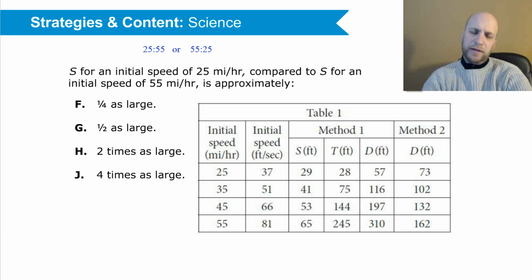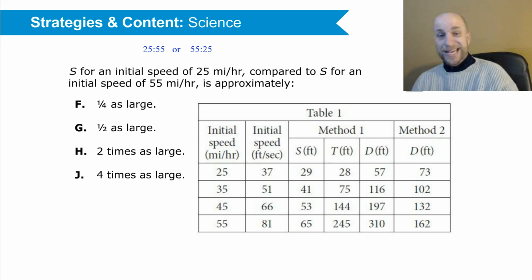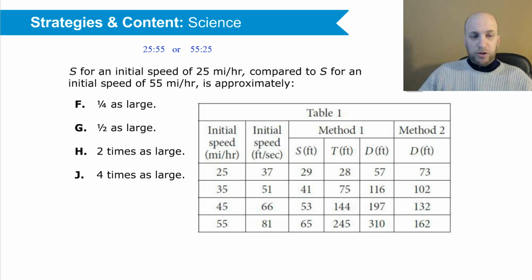Because that's really what this question's all about: being able to get this down. What is the order of this ratio? What is the order of this comparison? We'll say this compared to that is this to this. So it's going to be our 25 to our 55.